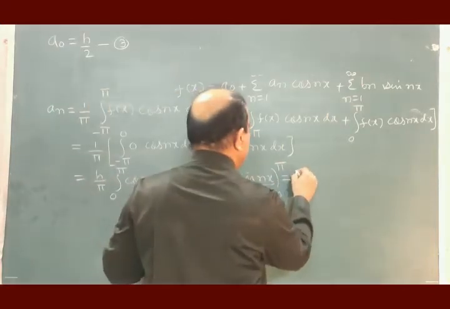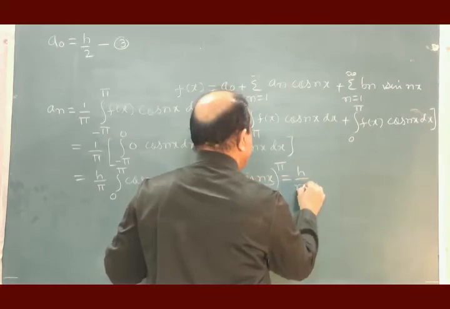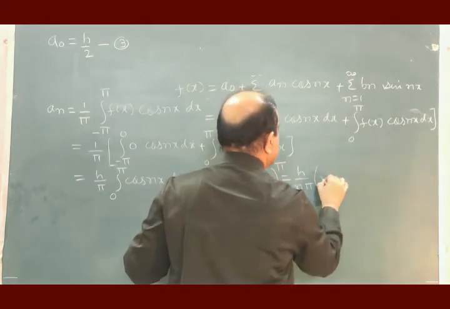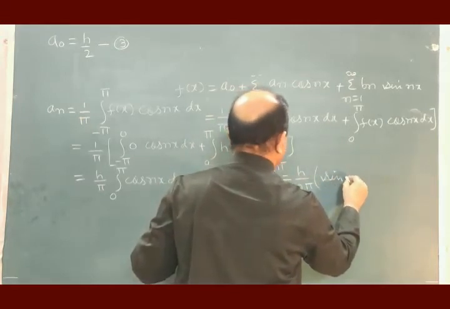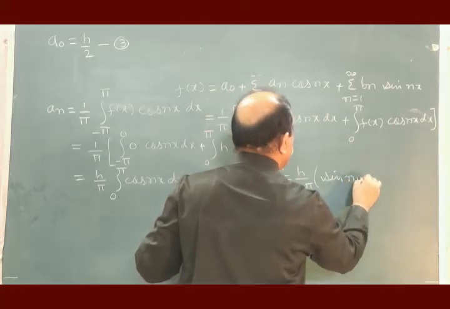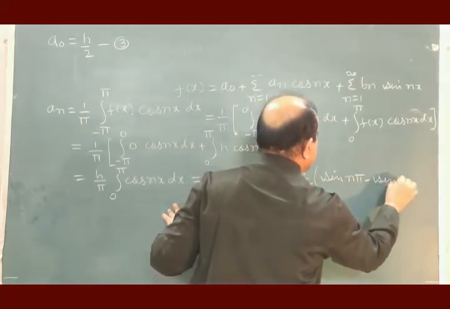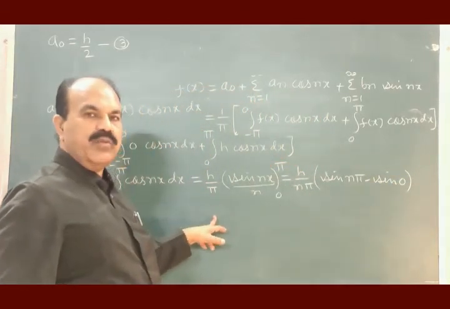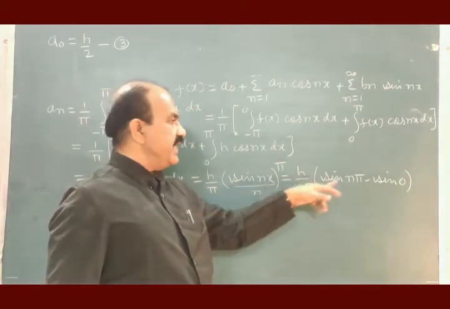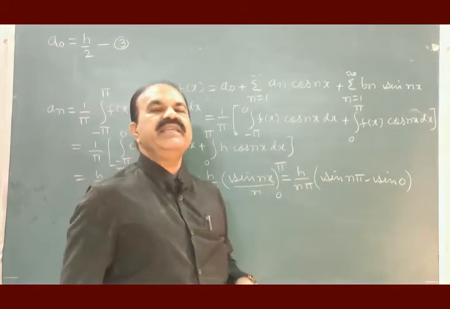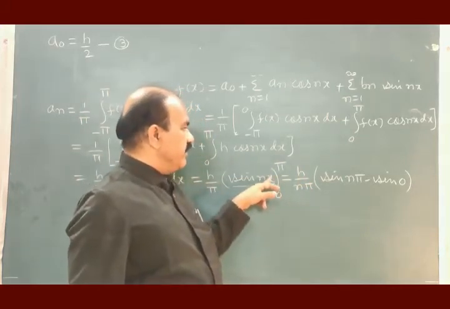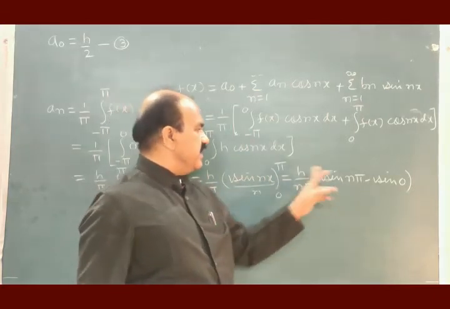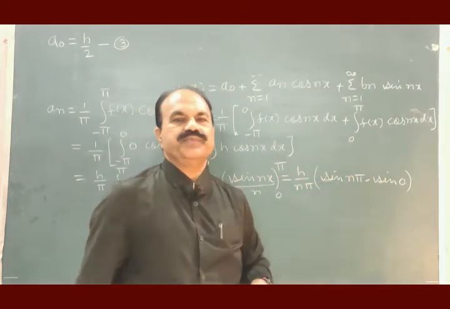So this will be equal to h divided by n pi into sin n pi minus sin 0. This n is taken common. So outside the bracket we will have h divided by n pi. When you put pi for x, it will be sin n pi minus, when you put 0 for x, it will be sin 0.